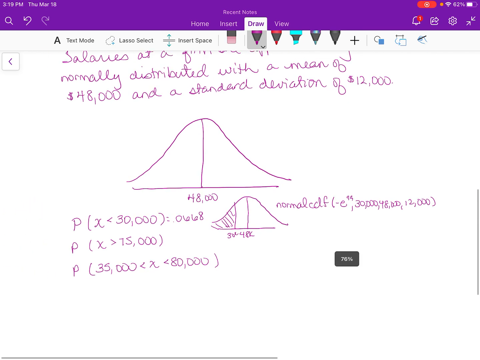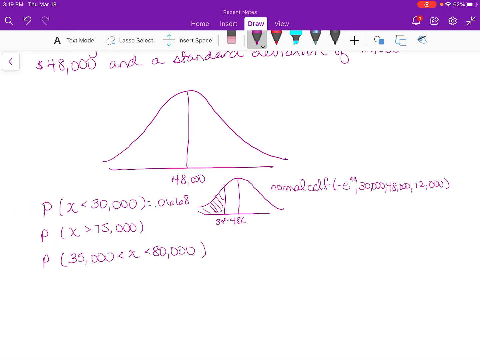So if I went to work for this firm, I could say that there's about a 7% chance I'm going to make less than $30,000.